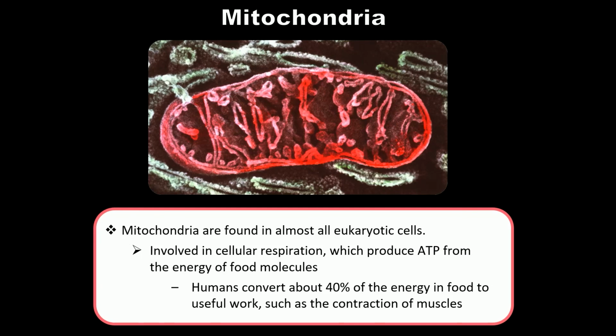Chloroplasts may only show up in certain kinds of plant cells and certain kinds of protist cells, but mitochondria show up in every kind of eukaryotic cell. There are some narrow exceptions, but they are basically as iconic to eukaryotic cells as the nucleus is. They are fundamental to eukaryotic cells.